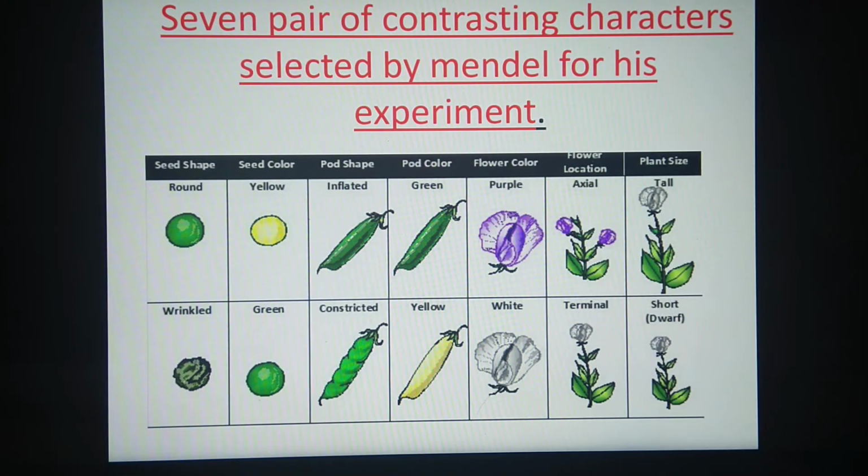Here these are the 7 pairs of contrasting characters which were studied by Mendel for his experiment.